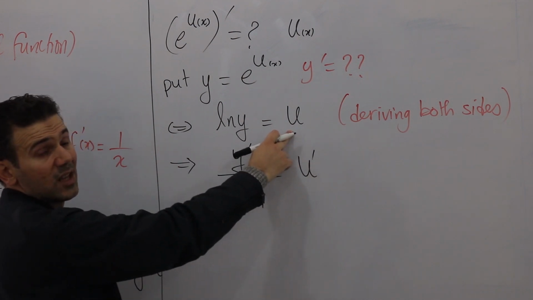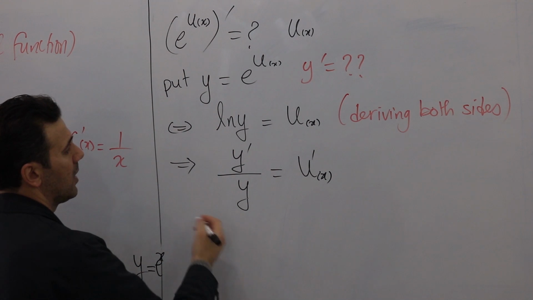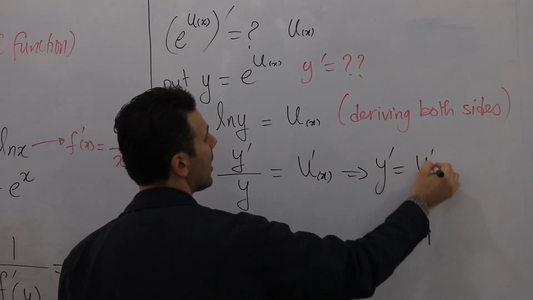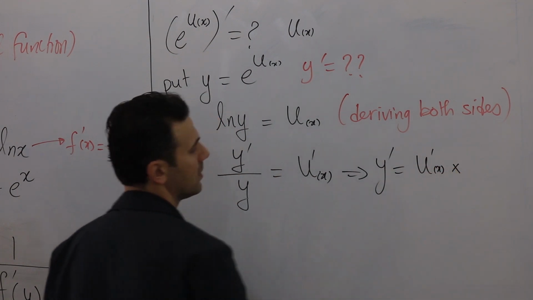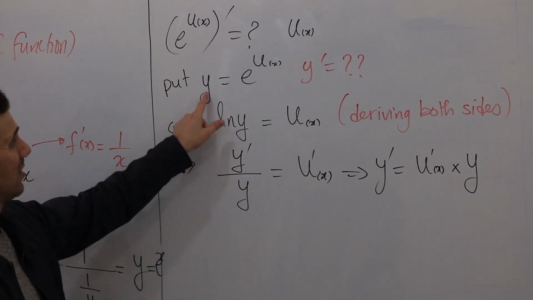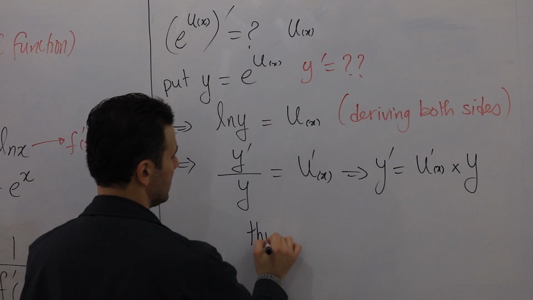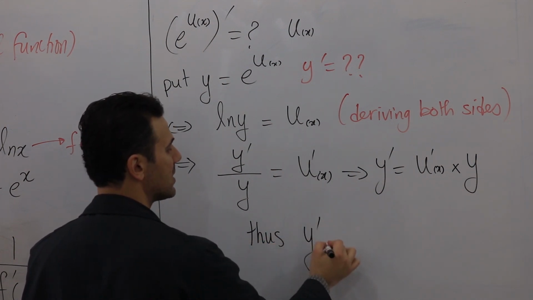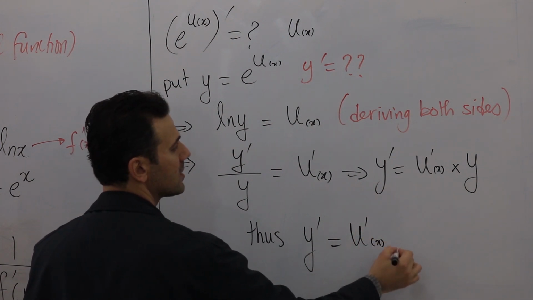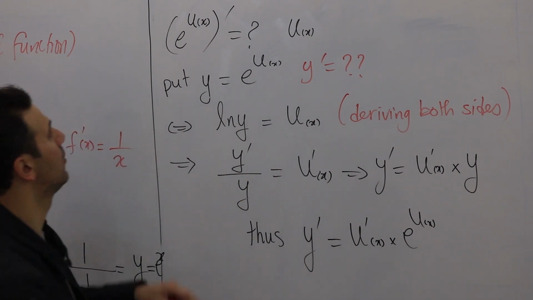This is not a constant, this is a function in x. So, by cross multiplication, y prime is u prime of x times y. Again, what is y? From the beginning, we put y equal e^u(x). Thus, you can easily deduce that y prime equals u prime of x times e^u, where y is e^u.